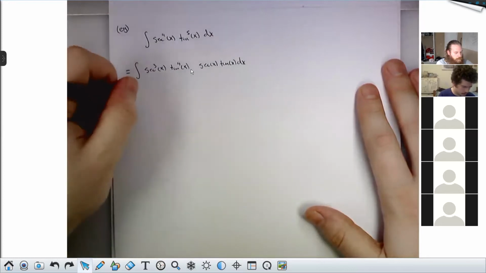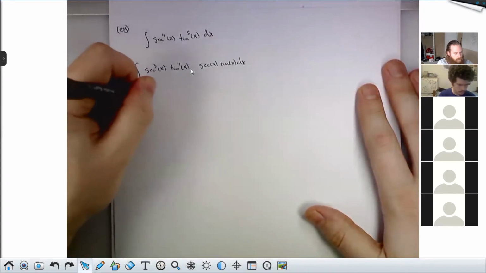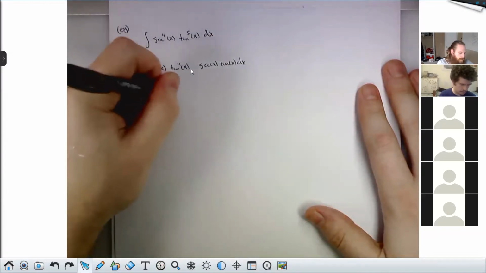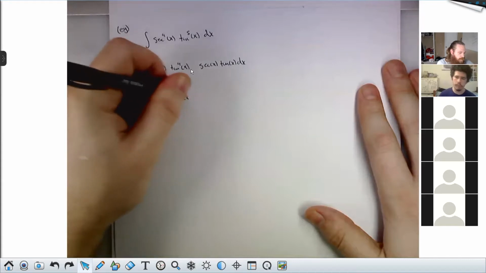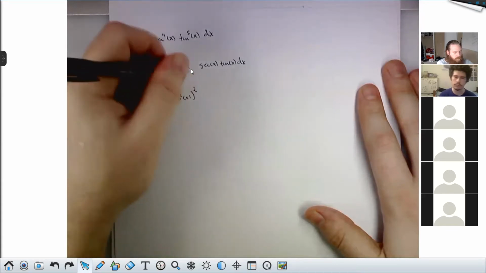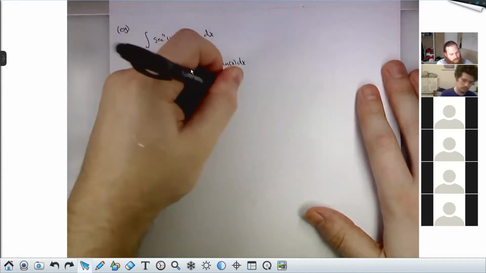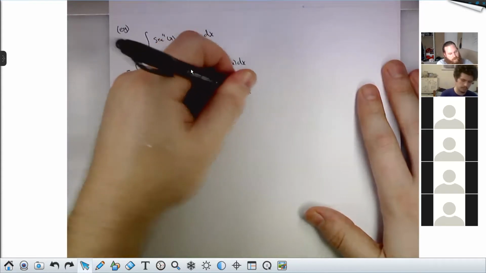Then rewrite the remaining tangents as secants. So I'll have secant cubed times tan squared squared, that's tan to the 4, times secant x tangent x dx.